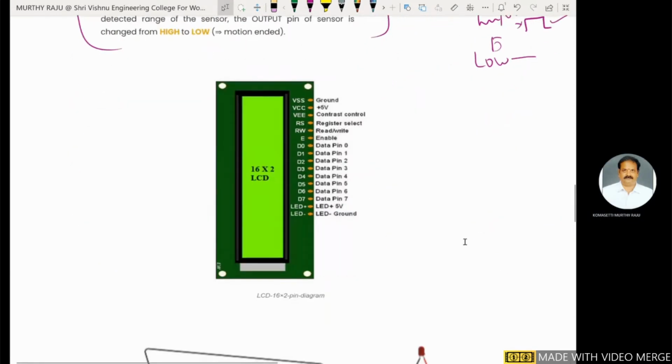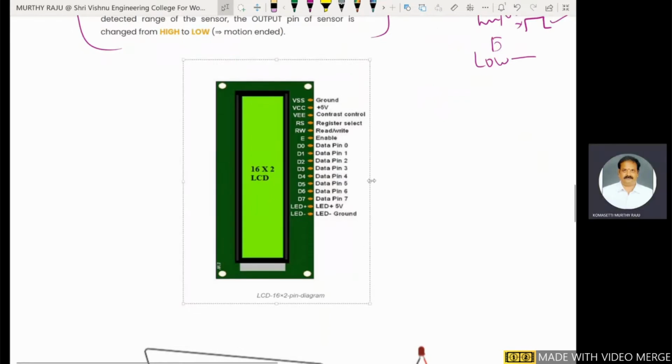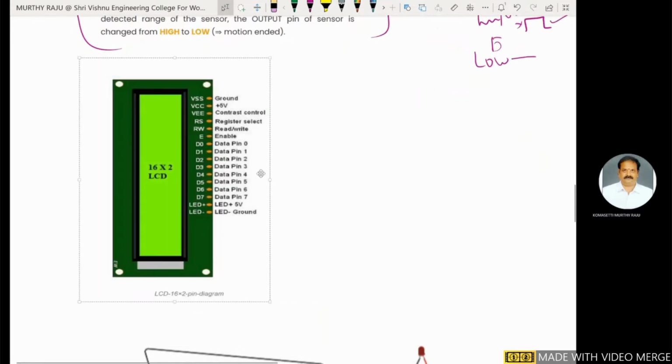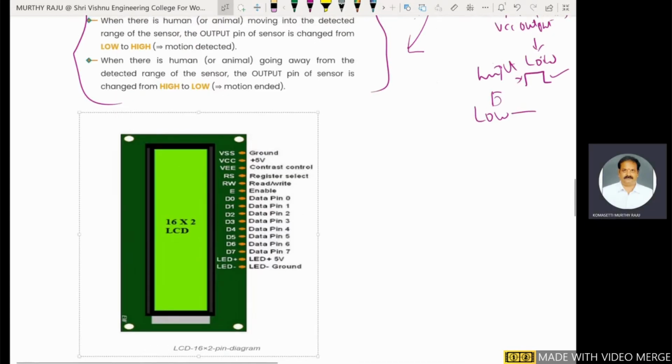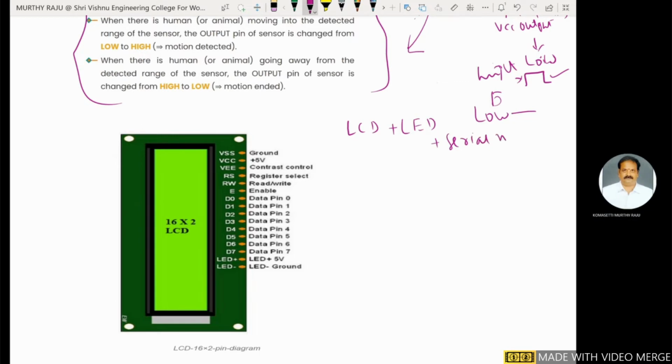Coming to our experiment: LCD, LED, and serial monitor. The serial monitor's importance is more.